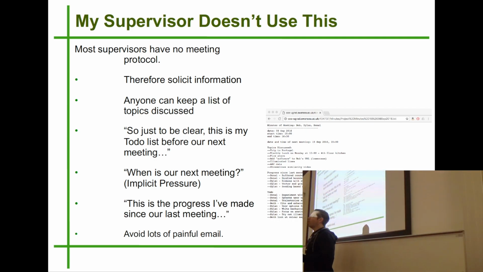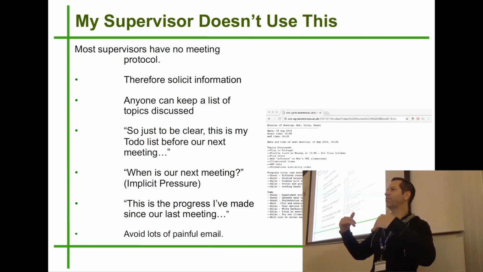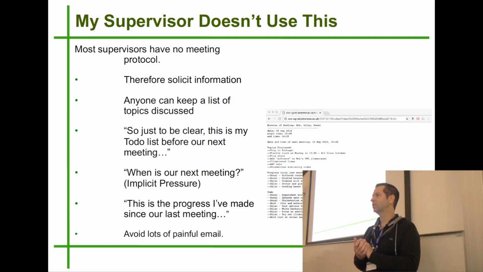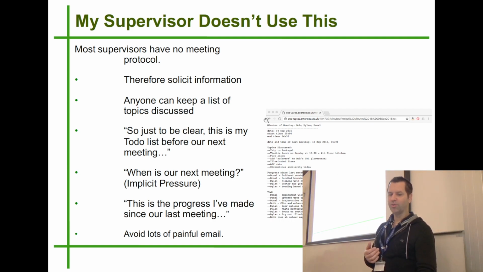So if you want to have a constructive, organized meeting, you have to solicit the information from them. You can keep a list of the topics discussed. You don't need someone else to do that for you. You can bring your notebook and keep that list.